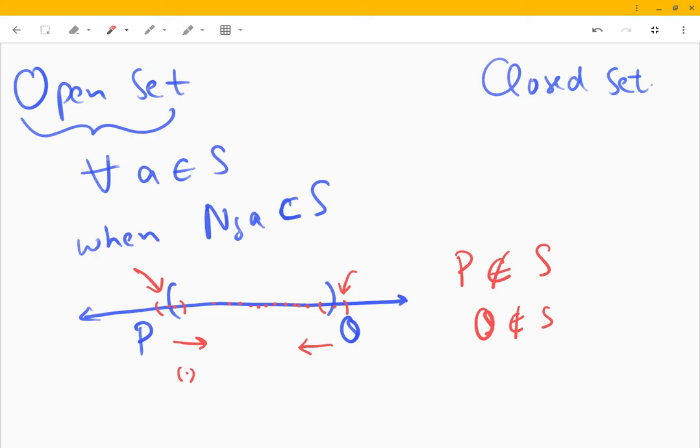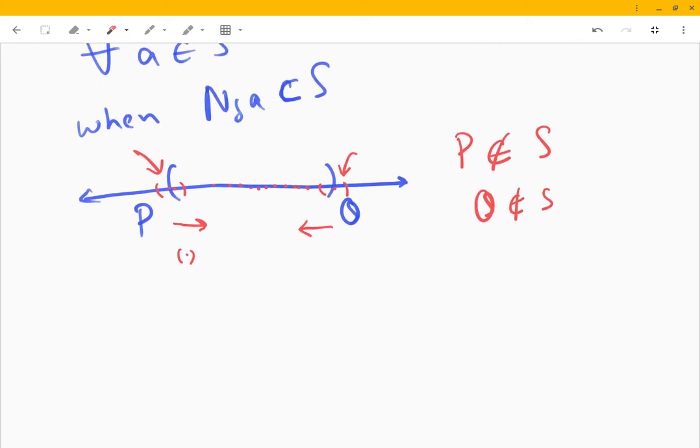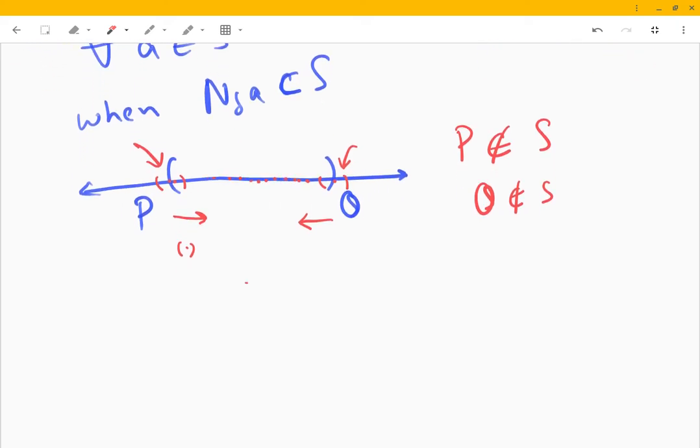It is very simple, honestly. This was on the real line, and in 2 dimensions, we can make a dotted boundary. So this is how we represent an open set in 2 dimensions.